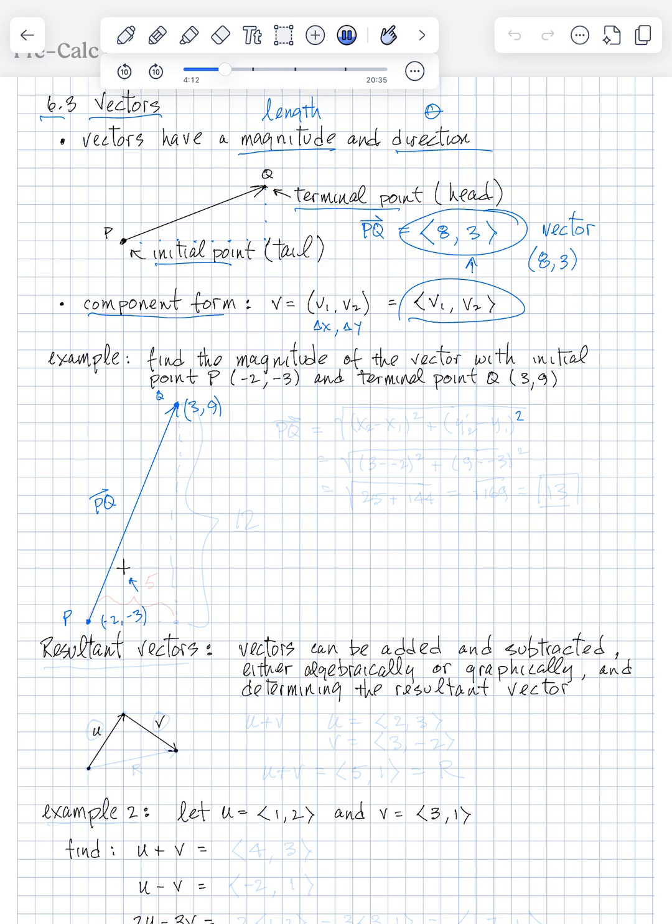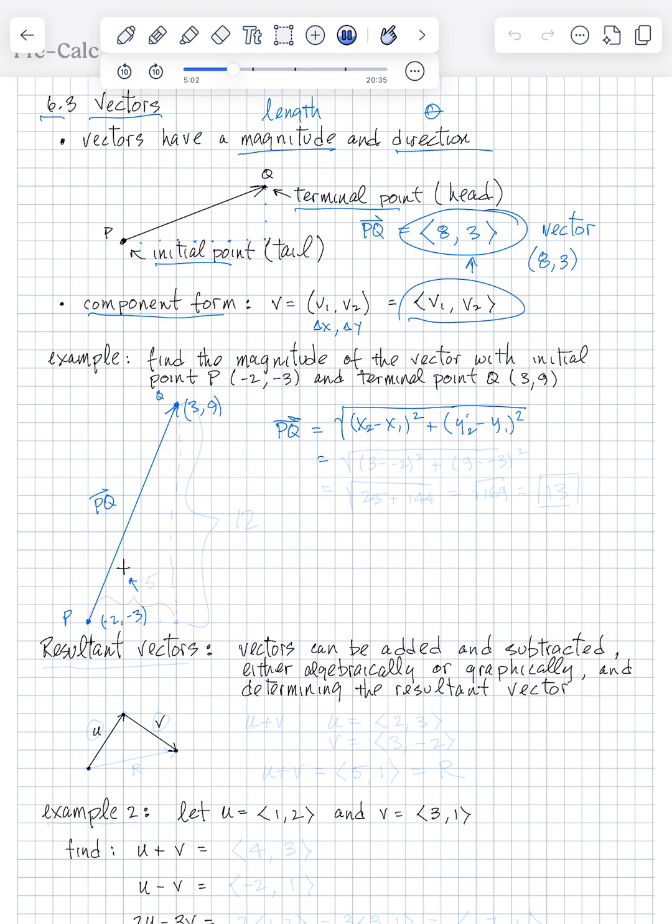So what do we want to do? We want to find the magnitude. Well, you can use the distance formula. PQ is equal to the square root of (x2 minus x1) squared plus (y2 minus y1) squared. Usually I use the terminal point as x2, y2.